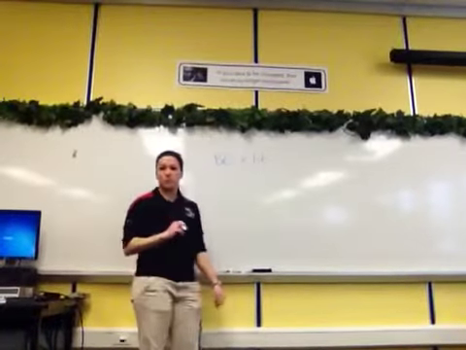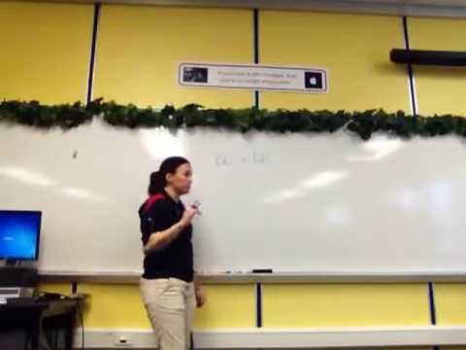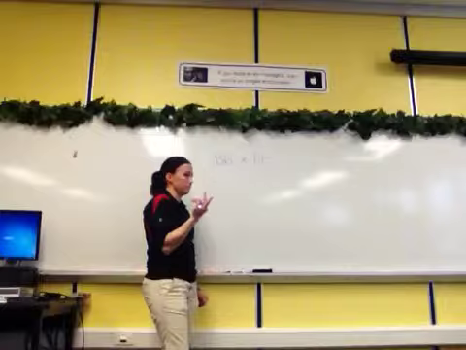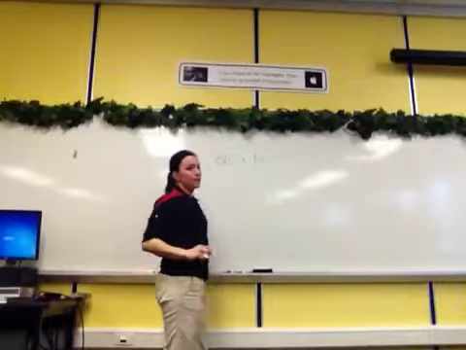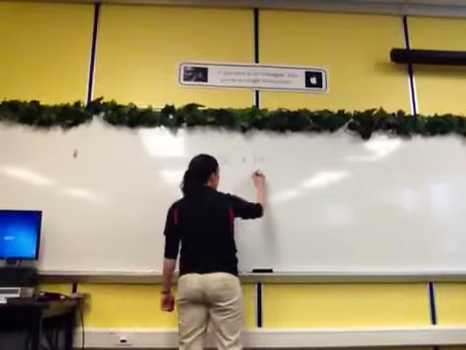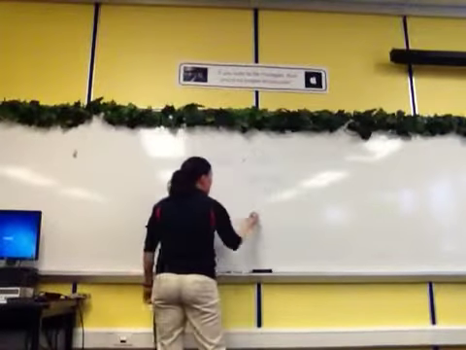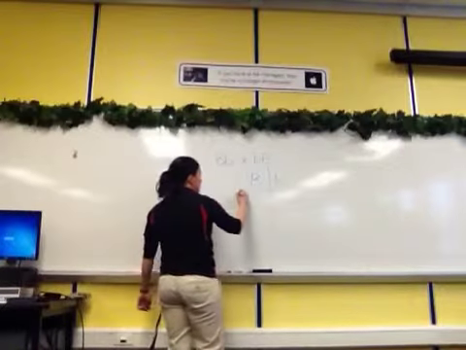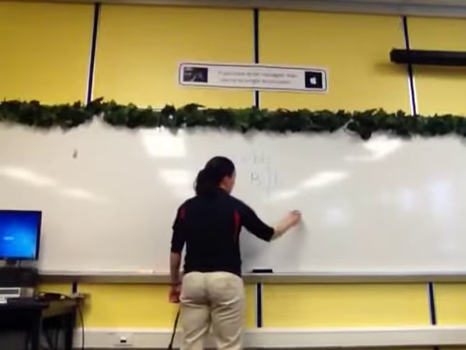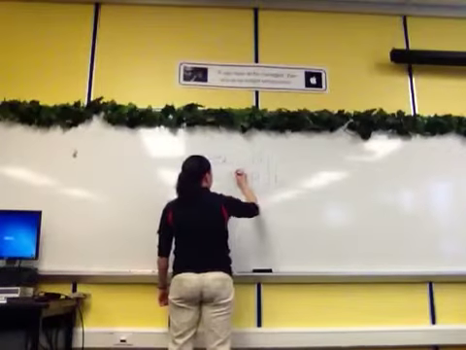We need to know what the options are for the kid. How do I set this up? Okay, so I'm going to do a Punnett square. I'm going to put one set of genes on the top, and the other on the side.